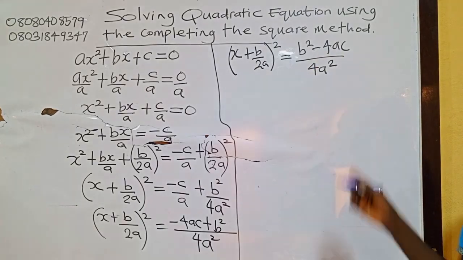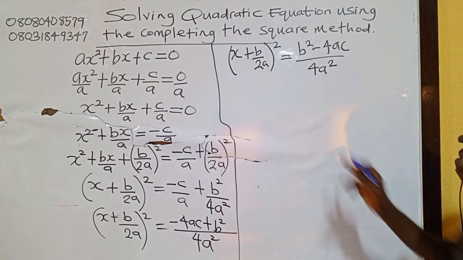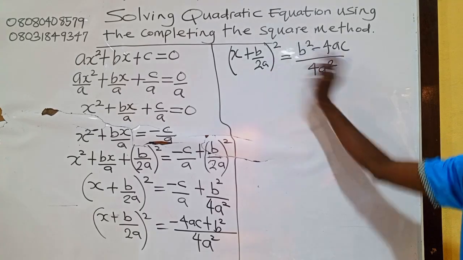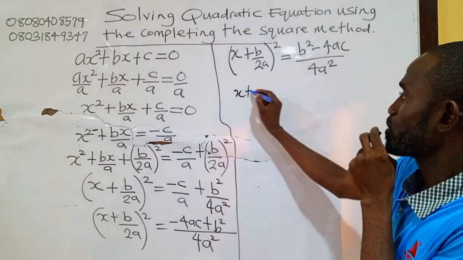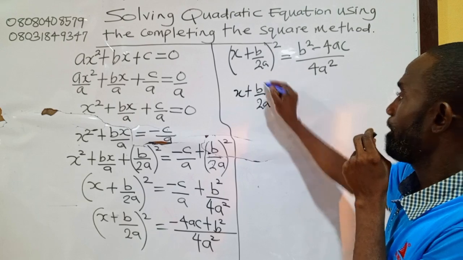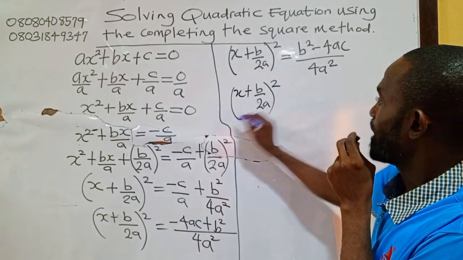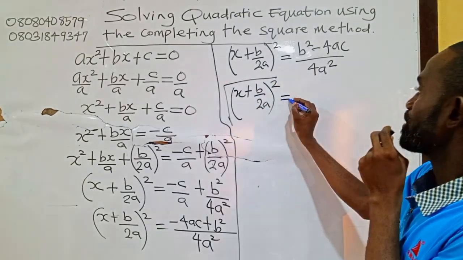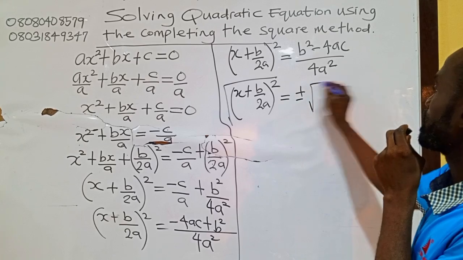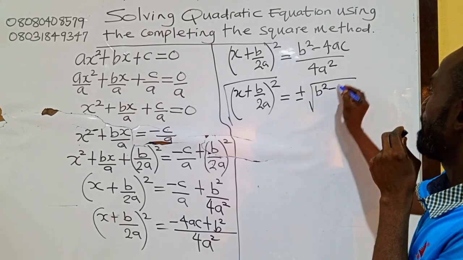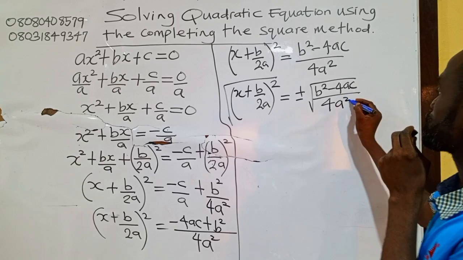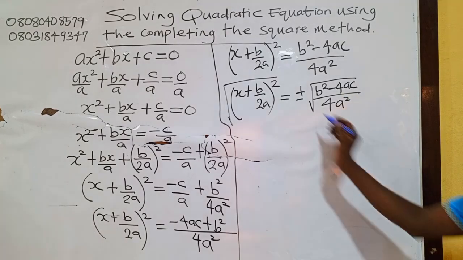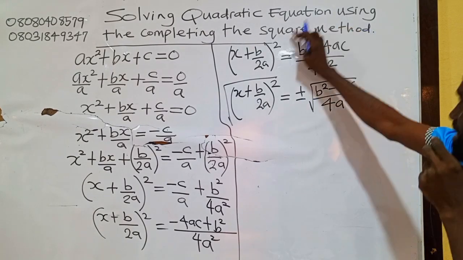Then I will now root both sides. I want to remove this square, so I will root both sides. Now we are having x plus b all over 2a, all squared, then root both sides, is equal to plus or minus the root of b squared minus 4ac all over 4a squared. Okay? Plus or minus the root of everything here.